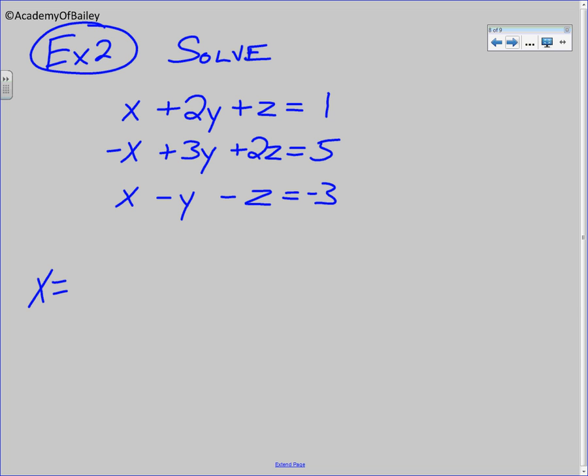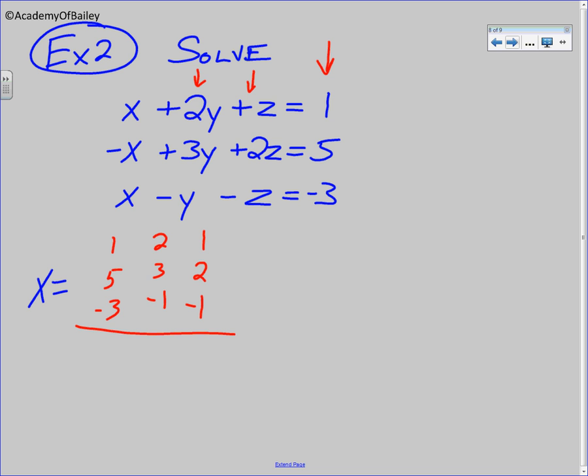Let me get a different color here. We're going to put numbers without variables in for the x's, since we're going to be solving for the x's. And then we go ahead and put the y's and the z's coefficients in. So we have 2, 3, negative 1, and we have 1, 2, negative 1.